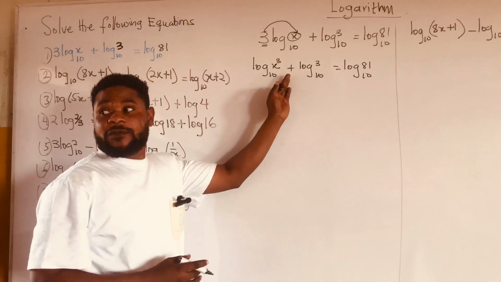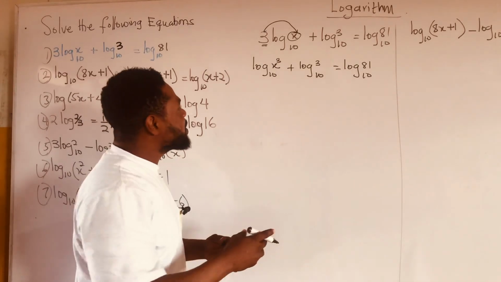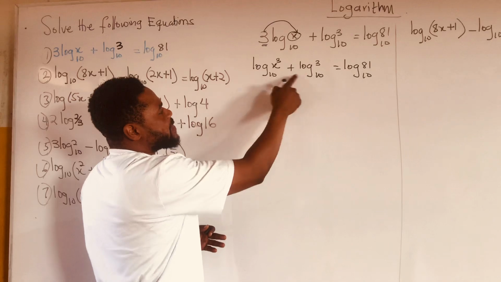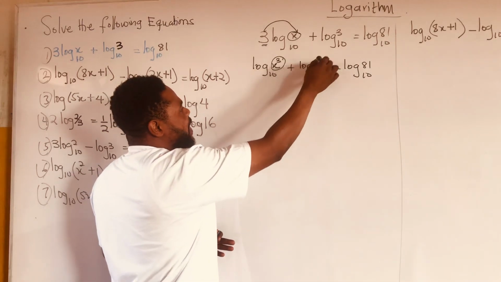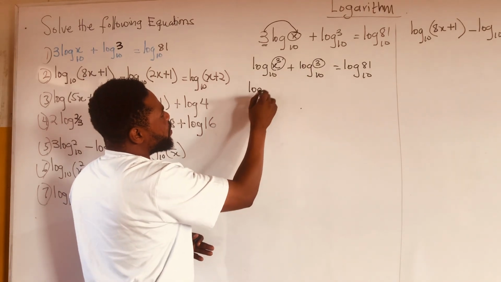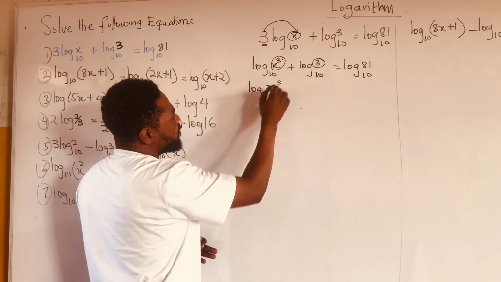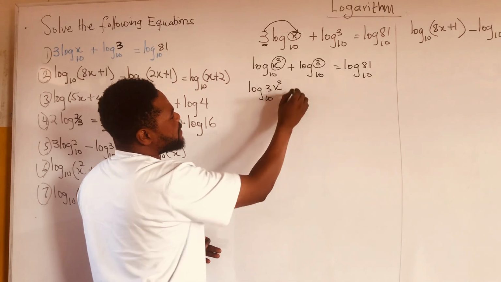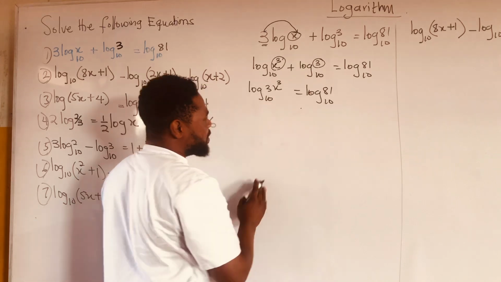Now, at this level, we are going to use the law of log, which states that if the bases are the same and they are adding, we are going to multiply the numbers here. So this will give us log 3 multiplying x cubed base 10 equal to log 81 base 10.